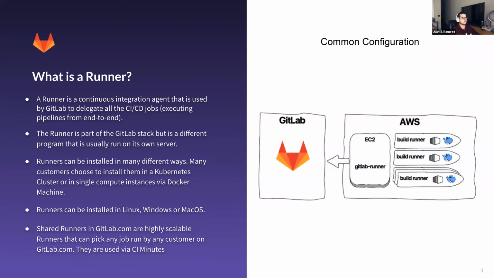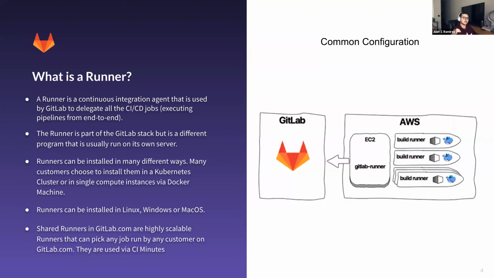But probably the most popular one is customers just pick an instance in a cloud provider, and then using Docker Machine, they install the runner on that machine, and then they register the runner with GitLab, and then they run the jobs on that machine dedicated for their jobs. And runners can be installed on Linux, on Windows, or on macOS.